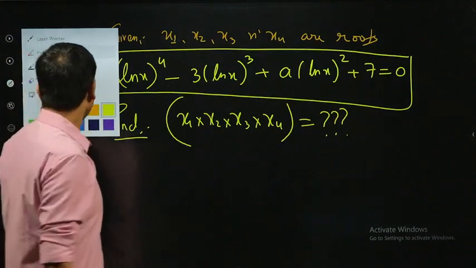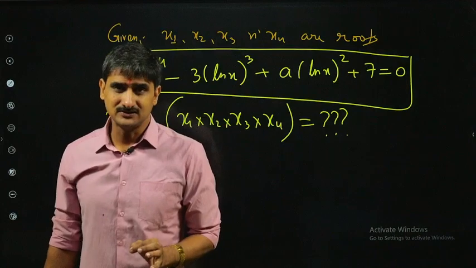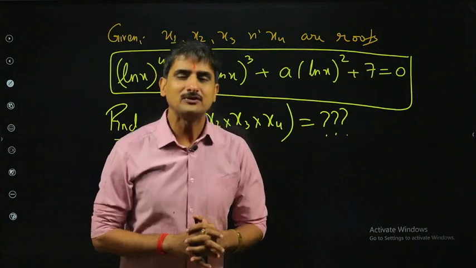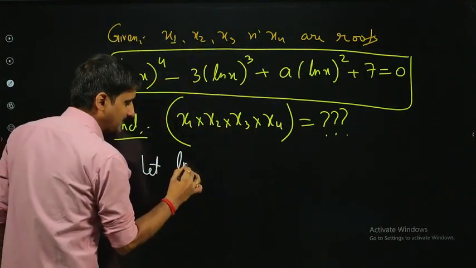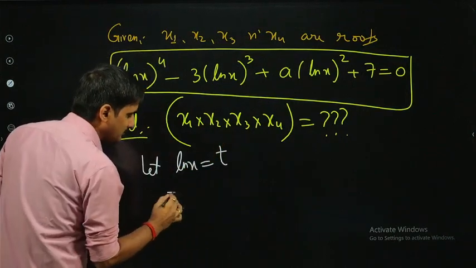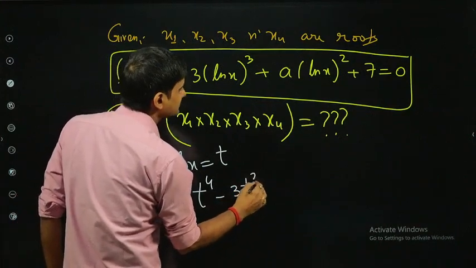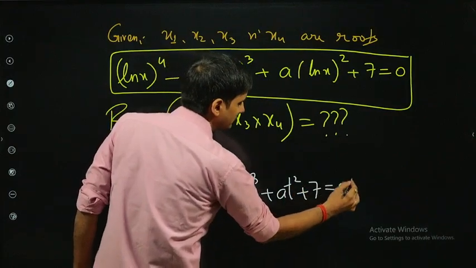Now see, one very important point. If you have an equation, seemingly a polynomial equation, why am I saying seemingly a polynomial equation? Because if I replace ln x by some t, you will get a polynomial in terms of t: t raised to 4 minus 3t cube plus a times t square plus 7 equal to 0.